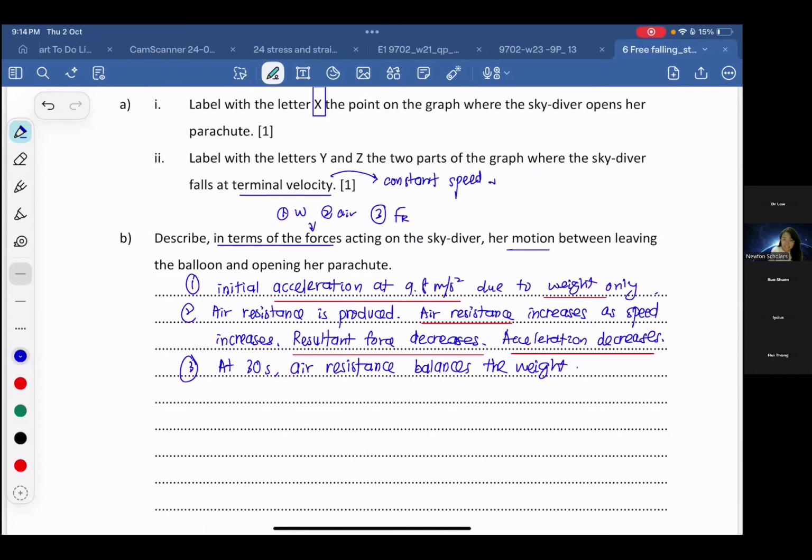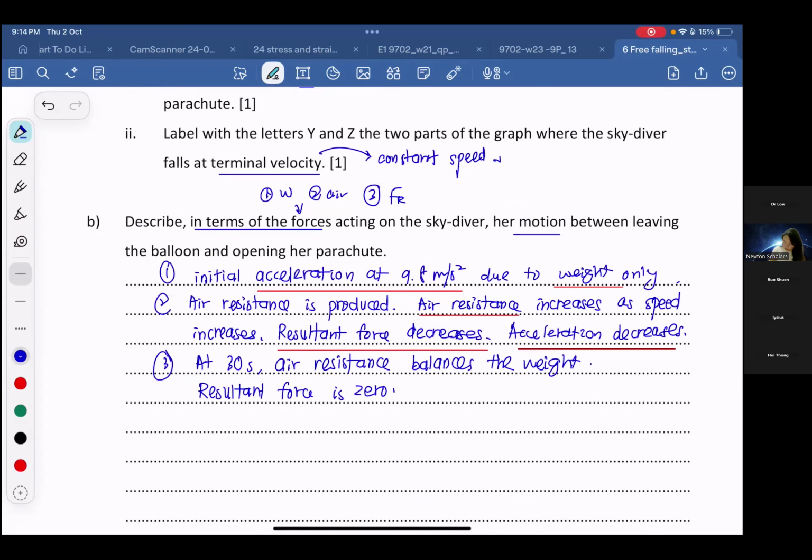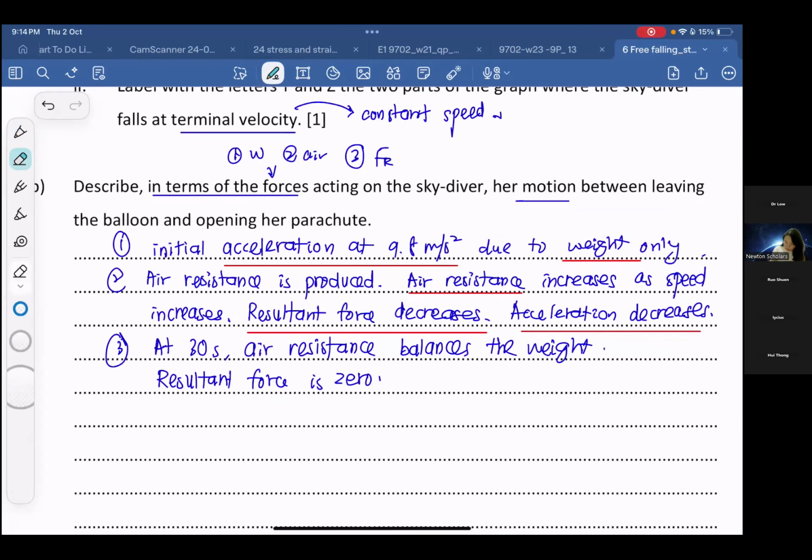So the resultant force is 0. Describe the motion: the motion now is 0 acceleration. Okay, so terminal velocity is achieved.